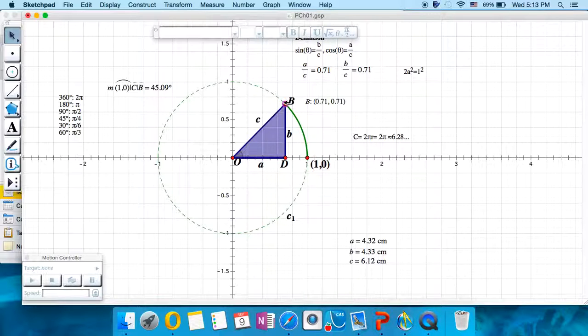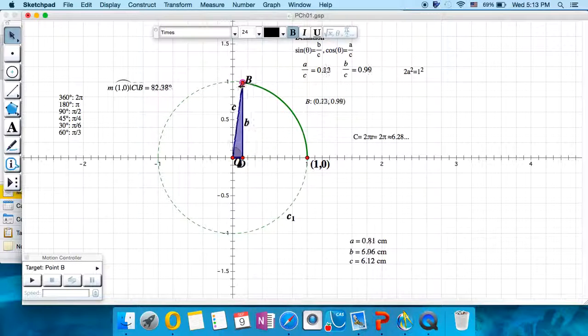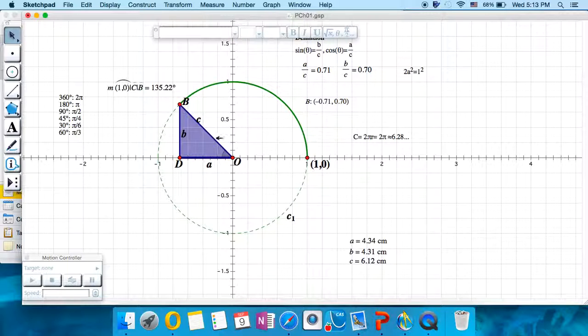And of course, you can go past 90 degrees. When we set 135 degrees, which is about this one, that's exactly the same triangle that we had before, but the arc length from here is now 135 degrees, which is 45 plus 90 degrees.